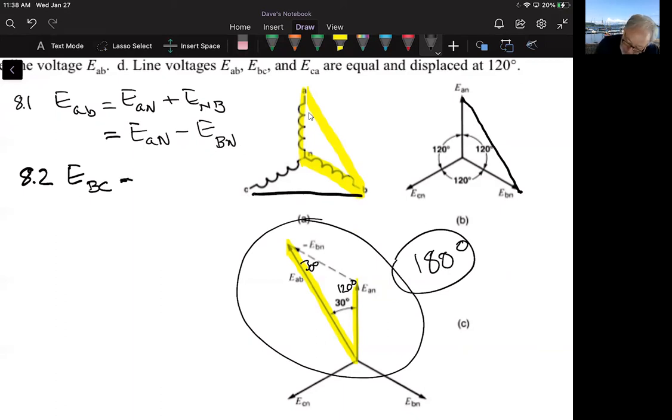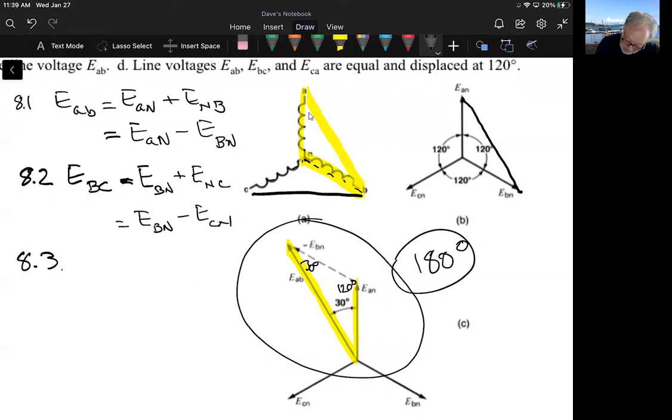Again, that is going to be given to us in 8.2, which is EBN right here plus ENC here, which I'm going to change, because to go through that process, I would write that like this. And then that follows through with 8.3.